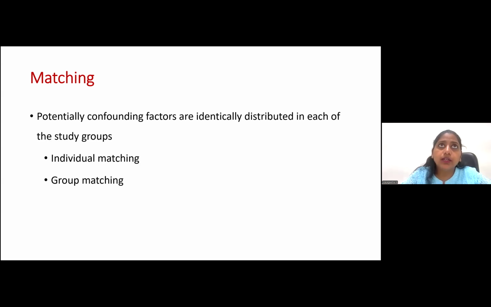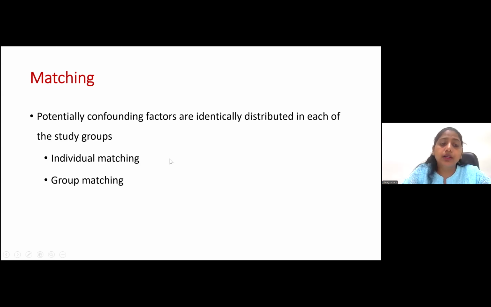Then they would try to find similar controls, similar neighborhood controls, okay, within 1 kilometer vicinity. They would try to identify within a plus or minus 5 years age group. Many times it may not be possible to find exactly the same age, exactly the same gender, exactly the individual with very, very similar characteristics. So it becomes very complex when you try to match for many variables, right? So this is about individual matching.